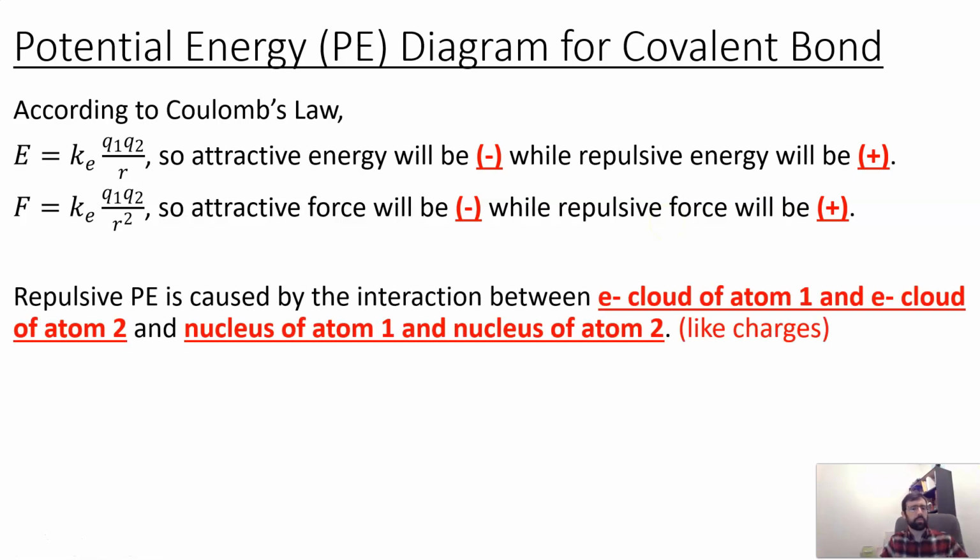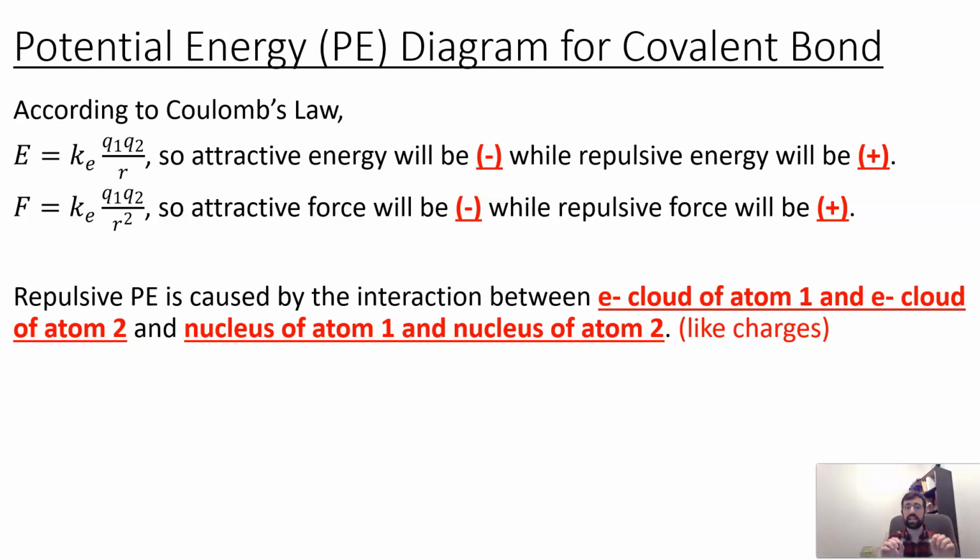All right, keep in mind that repulsive potential energy is caused by the interaction between the electron cloud of atom 1 and electron cloud of atom 2 and the nucleus of atom 1 and the nucleus of atom 2. That's just because like charges repel. So to break that down again, if we have two atoms and they are a certain distance from each other, they have some amount of repulsive potential energy involved because they have electrons in both of the atoms.